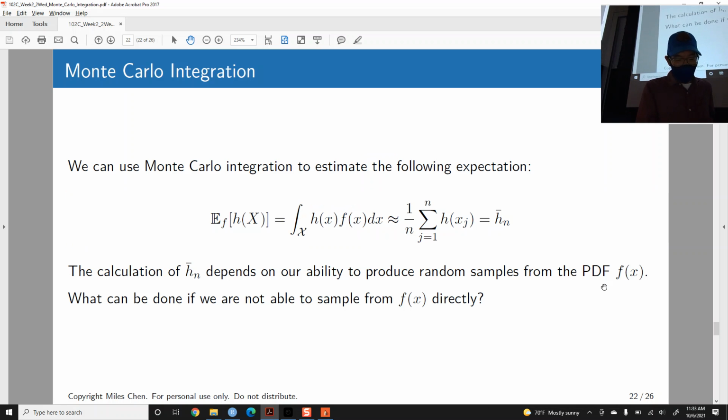So we're going to go back and say, this is the thing that we're going after. We have some random variable x. X is defined by the PDF f. We're going to apply an arbitrary function h to that random variable x, and I want to know the expected value.